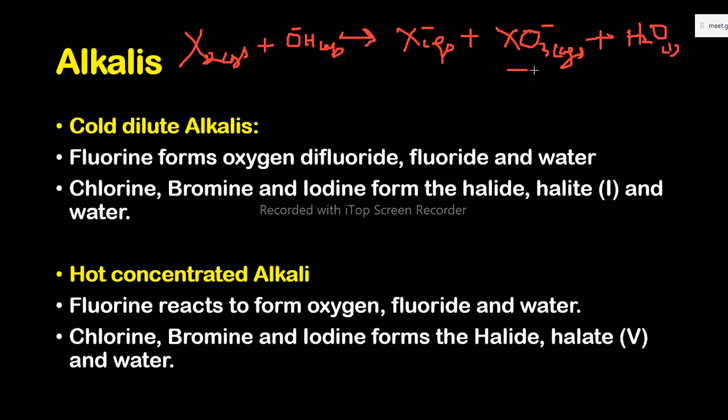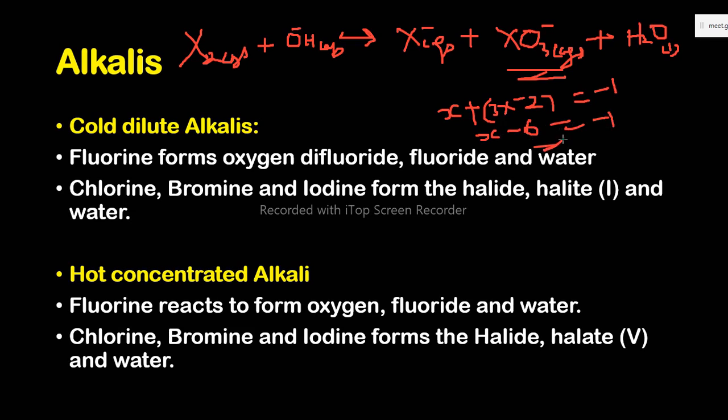So this is halate 5. It is in +5 oxidation state. If you assume this to be unknown, x, then x plus 3 times -2 should give us -1. So really this is simple math. This becomes x minus 6, which is -1.